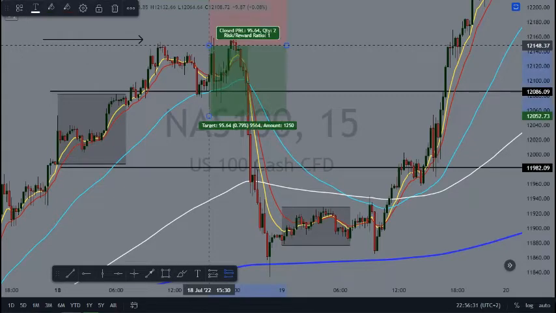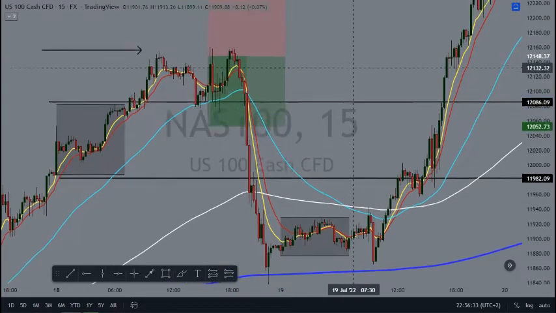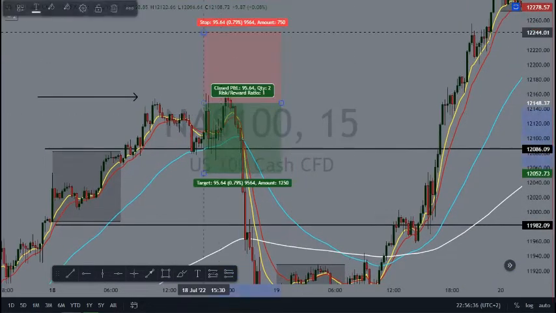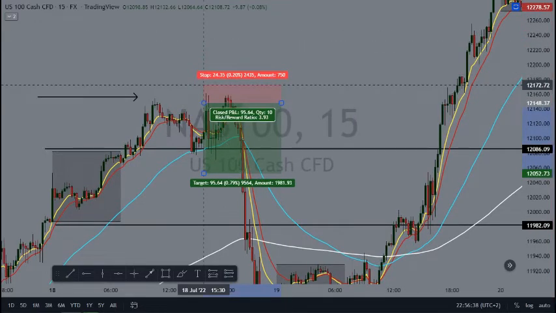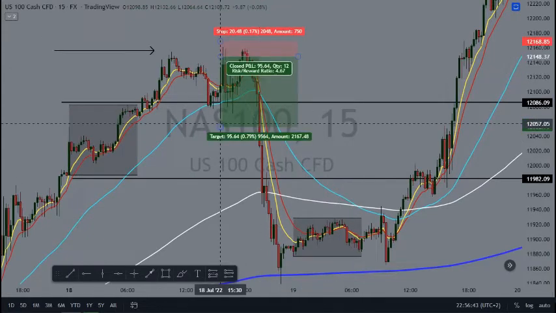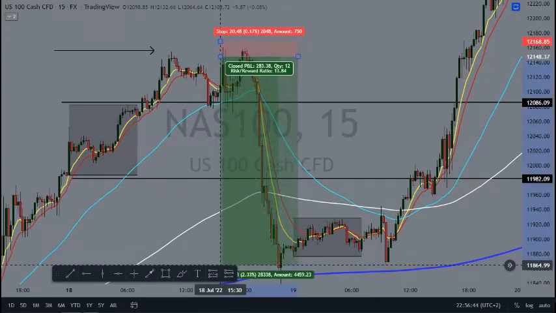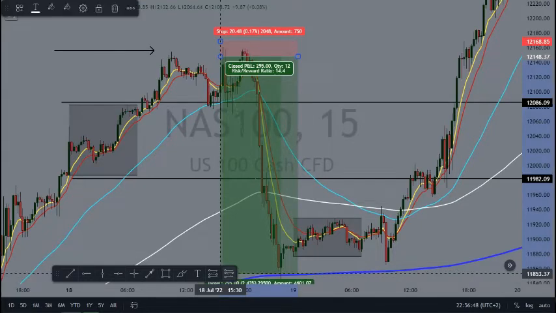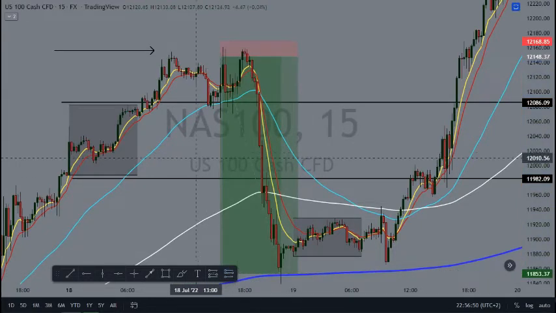Took this trade here, and we risked, I think, $20 to $30, and then look what happened. The market dropped. So this was a very nice setup.